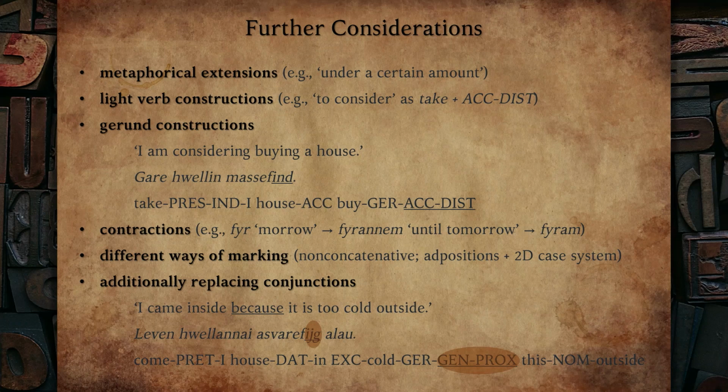And finally, allow is just this plus nominative plus outside. This is just the demonstrative with, so all with the outside location to mean "outside." And this whole sentence, Leven Helena es waterfähige Lau, would translate as "I came into the house because of its being too cold outside." So this would be the more direct translation.